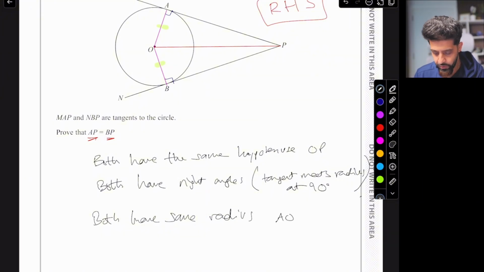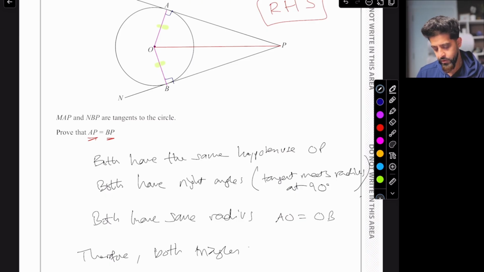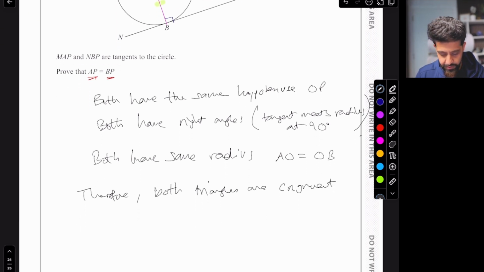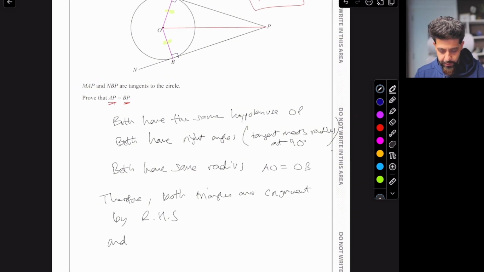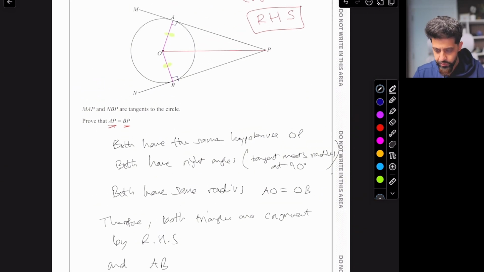So AO is equal to OB. Therefore both triangles are congruent, exactly the same, by RHS, and AP would be equal to BP. There you go, done.